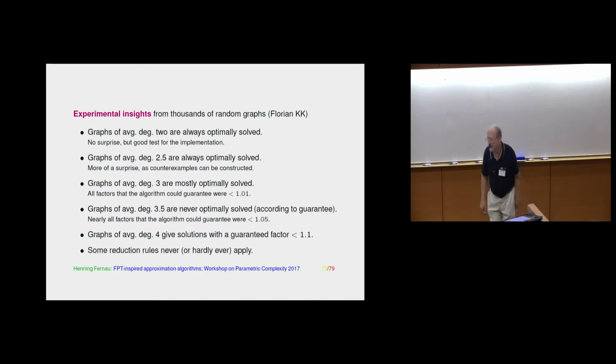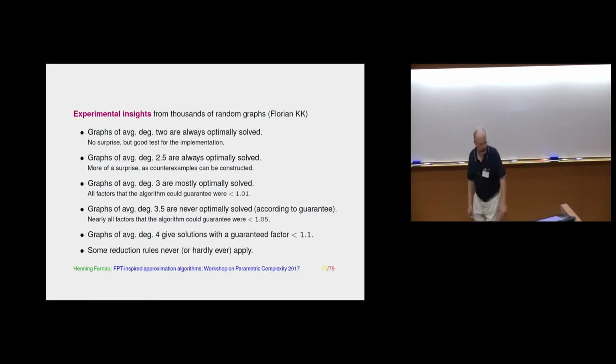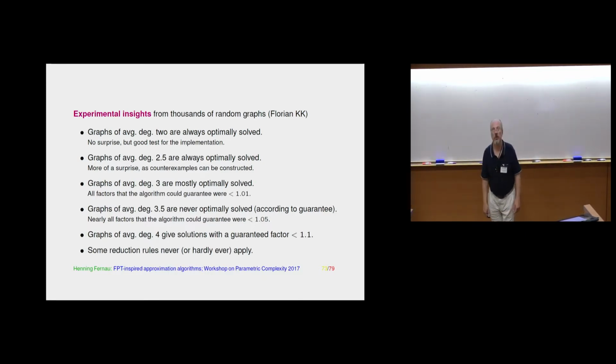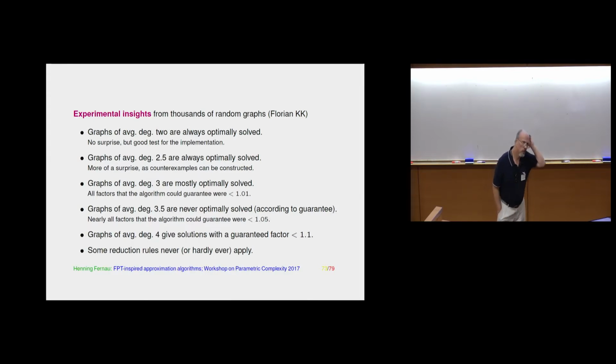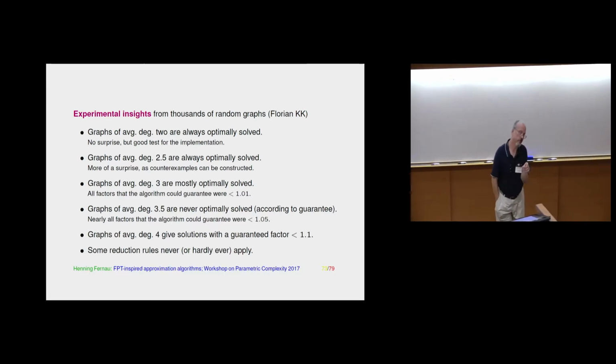Now things become a bit more tricky. If I have average degree 3, the output of my algorithm is telling me 1.01 or better as approximation ratio, which is not too bad. So usually it's with several zeros between the 1 and the first non-zero digit.